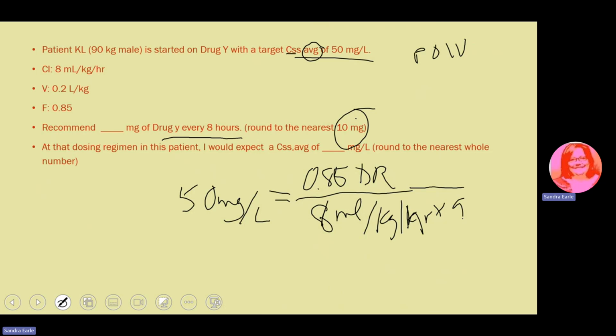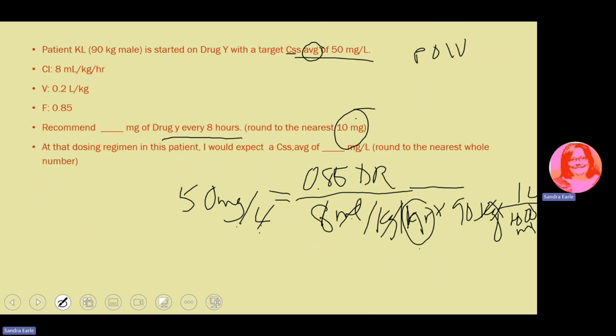So times 90 kilograms, the kilograms will cancel. We have milliliters and liters again, so I'm going to multiply this times 1 over 1,000, since there are 1,000 milliliters in 1 liter. Those milliliters will cancel, and we have liters that will cancel. And we have milligrams per hour, which is what we want.